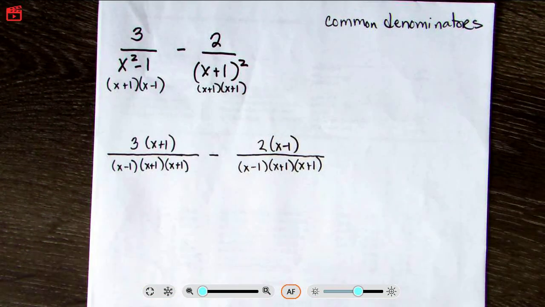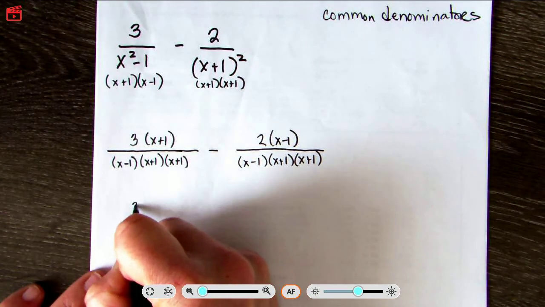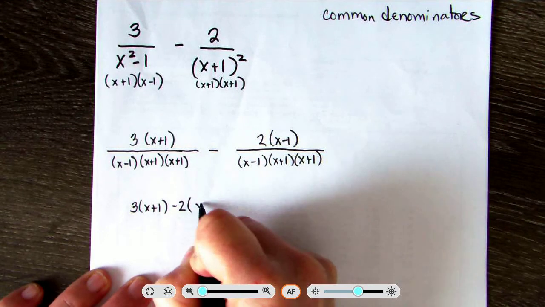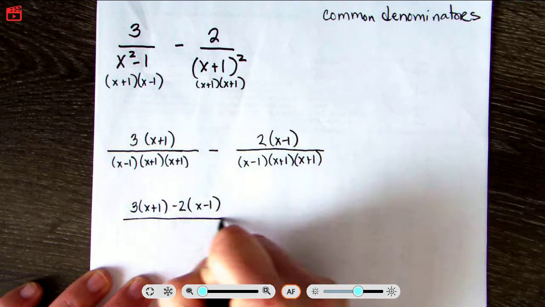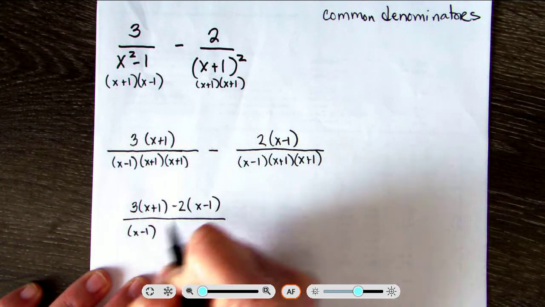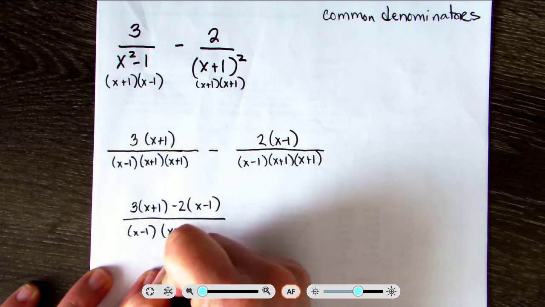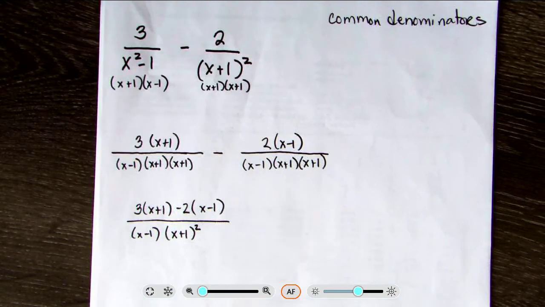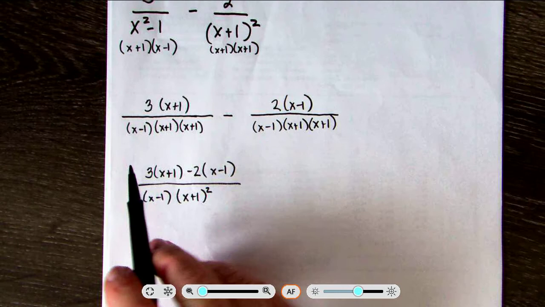Okay, now I'm going to actually bring them together. And I am writing things really slow. I'm going to write this bottom now as x plus 1 squared, just so that we can save a little space. All right, now I'm going to clean up my numerator.